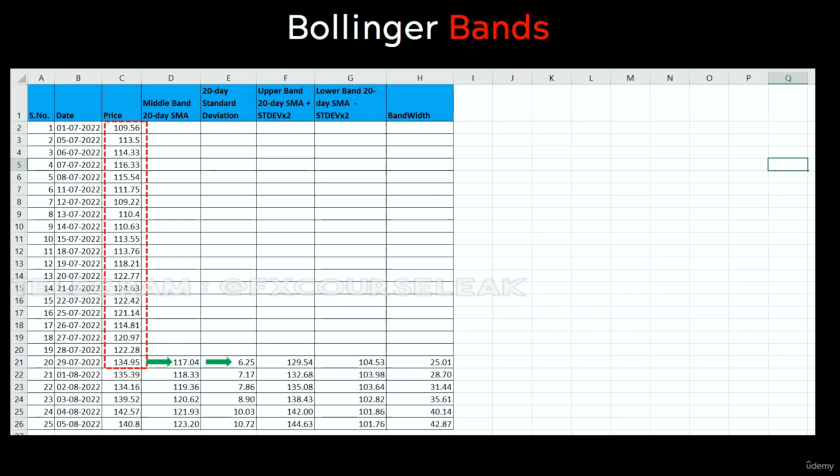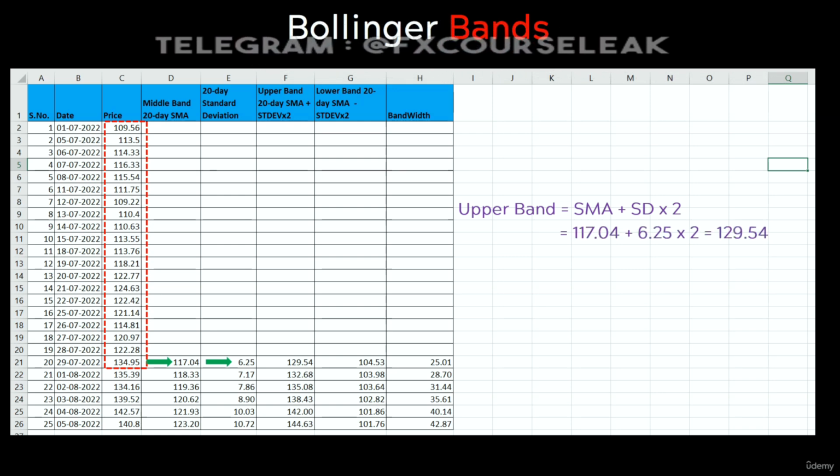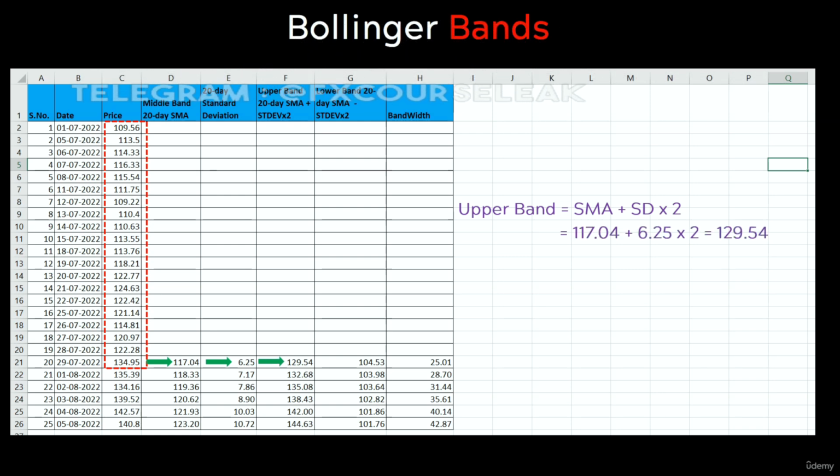Now once we have found the value of SMA and standard deviation, we will simply plug in these values in the formula of upper band and lower band. So upper band point will be simply simple moving average plus standard deviation multiplied by 2, which equals 117.04 plus 2 multiplied by 6.25, which equals 129.54.